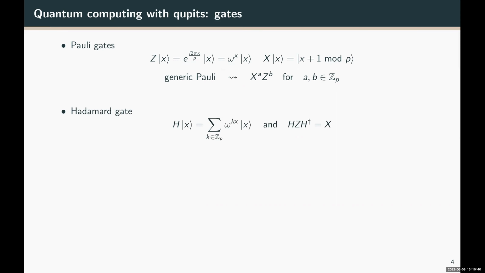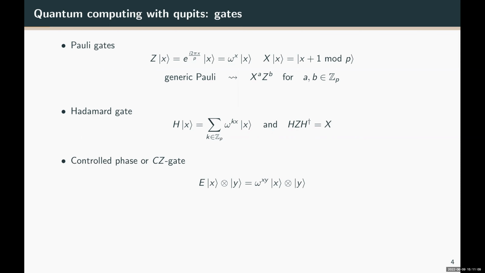Connecting these two representations, we have a Hadamard gate or Fourier gate, which really is the generalization of the Hadamard gate to qudits, and also corresponds to the Fourier transform on the finite group Z_p. But I think more importantly to this article, it connects the Z operator to the X operator under conjugation.